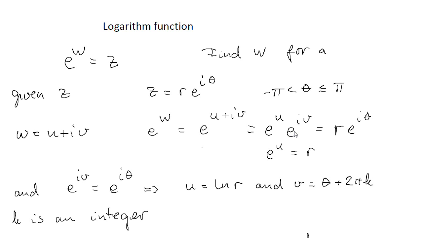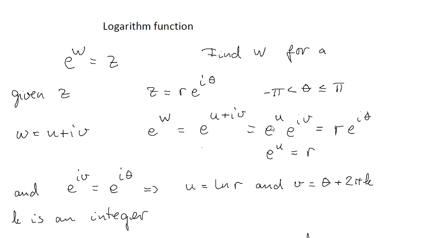And we know that this should be the value z, and z we already have given in this form, so we know that it's r e to the i theta. So now we already have the complex number in the form that we want.